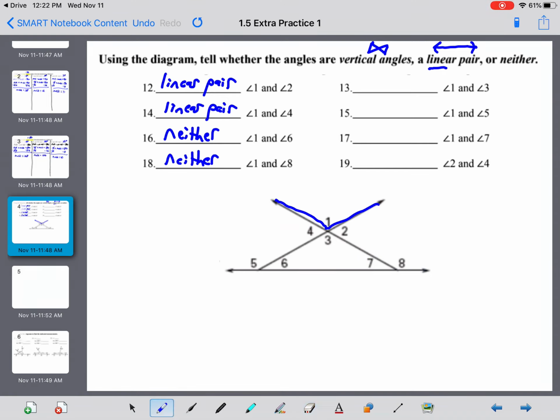Angle 1, though, and angle 3, well, now we're getting into that bow tie shape. Angle 1 and angle 3 are vertical pairs, or vertical angles. Angle 1, again at the top, and angle 5 is on the side here. These angles do not correlate with each other vertically or in a linear pair, so these are neither.